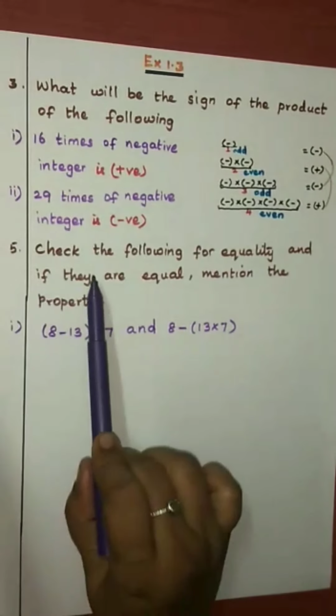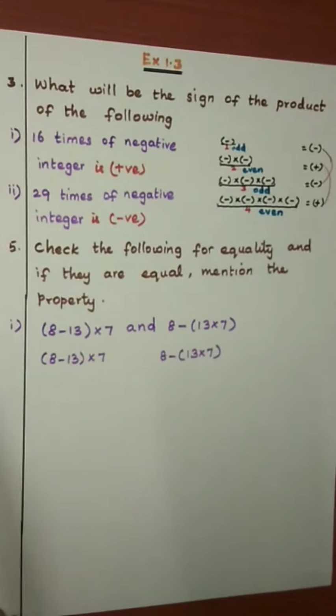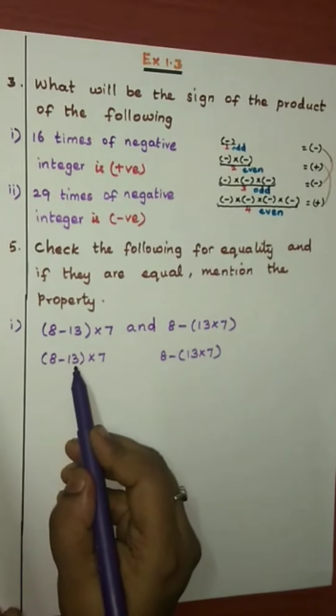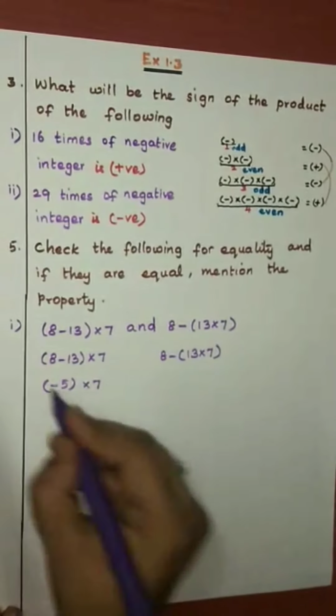Fifth problem, check the following for equality and if they are equal, mention the property. First solve what is given inside the bracket. 8 minus 13, 8 minus 13 is minus 5, into 7.